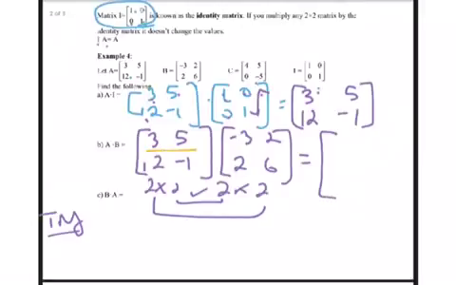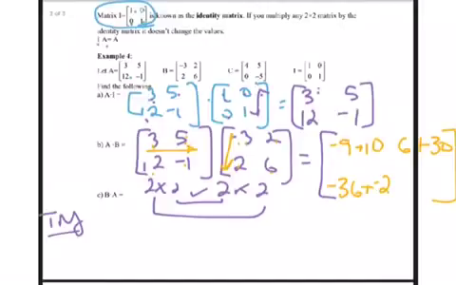So first row, first column for the first space, I've got 3 times negative 3 is negative 9, plus 5 times 2 is 10. 3 times 2 is 6, and 5 times 6 is 30, so that's going to be my row 1, column 2. And then row 2, column 1, 12 times negative 3 is negative 36, and negative 1 times 2 is negative 2.